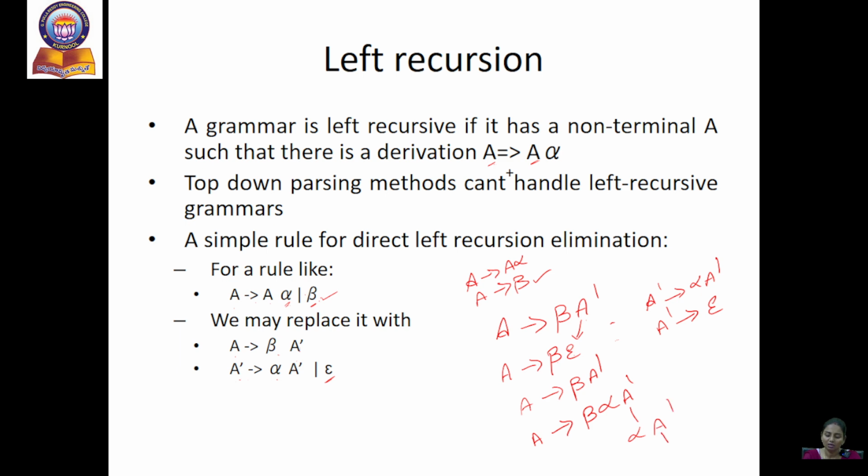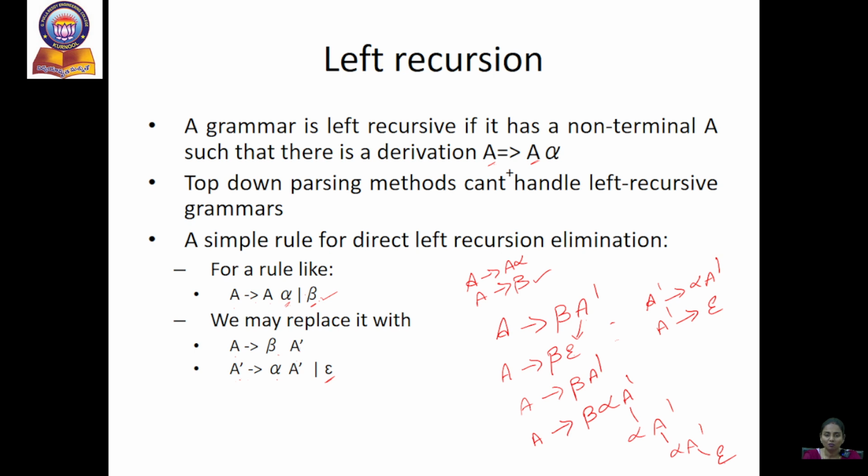Again A dash can be replaced with alpha A dash, or else again A dash can be replaced with epsilon. So that we have A derives. However many times A dash derives, that many times we can replace it with either alpha A dash or with epsilon.